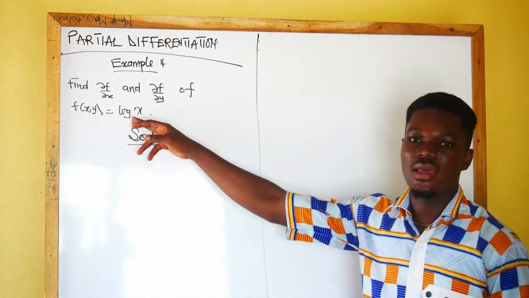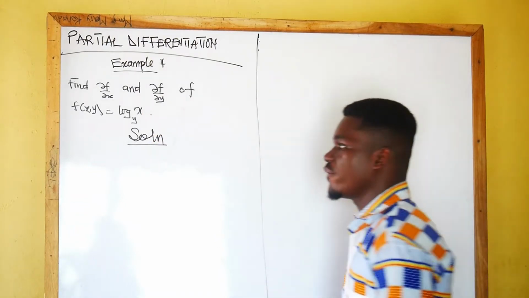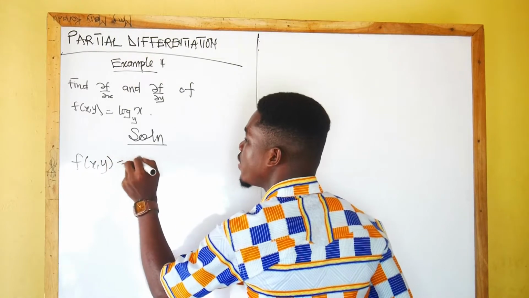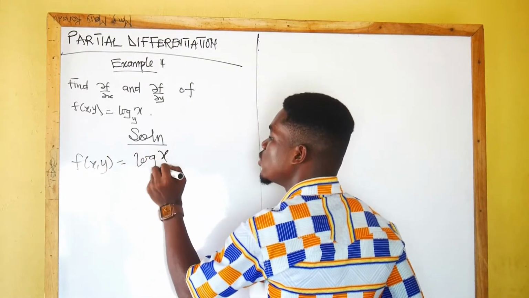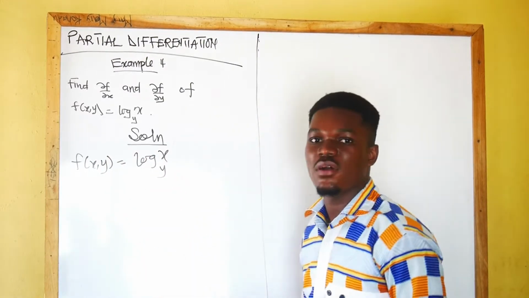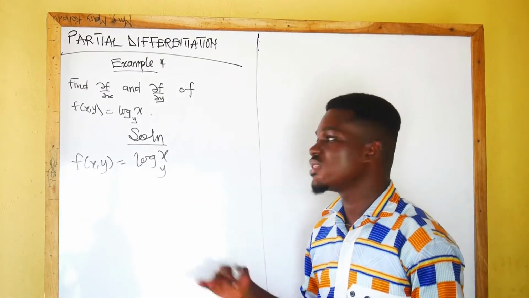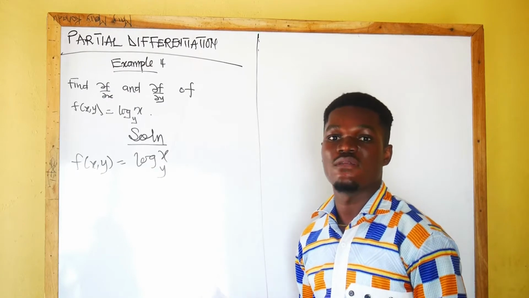So we are given a multivariate function f of x, y given by the log of x to the base y. Before we can find the partial derivative of this function, you must express it in terms of natural log.